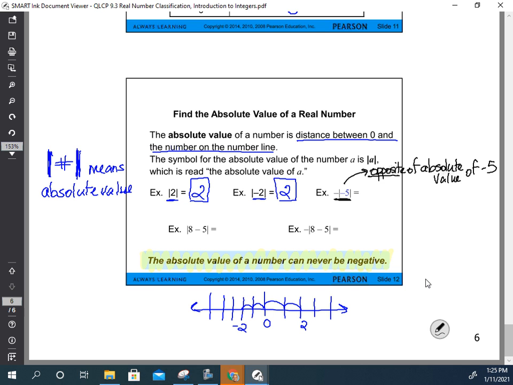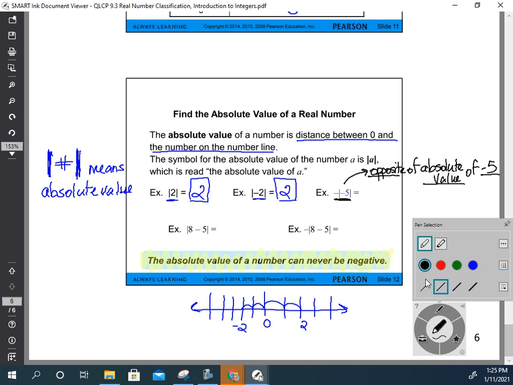So you have the opposite of the absolute value of negative 5. First you take the absolute value of negative 5. What's the absolute value of negative 5? 5. So you still have a minus sign sitting out there, but now you have a 5.